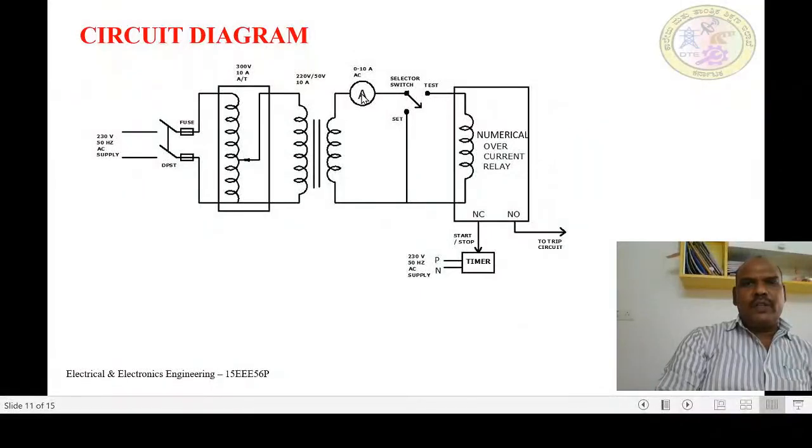After setting this current, the selector switch is changed over to test position. When you put it to the test position, this numerical relay will sense that fault and it will trip after a few seconds, which will be read by this timer. Like this, you will have to repeat this experiment for various percentages of fault current.